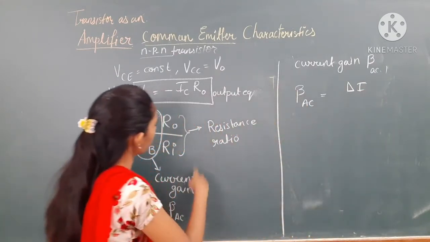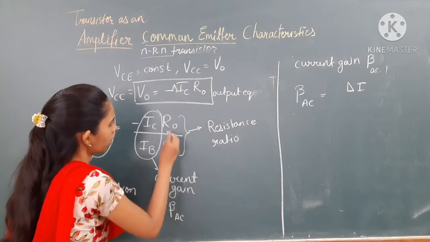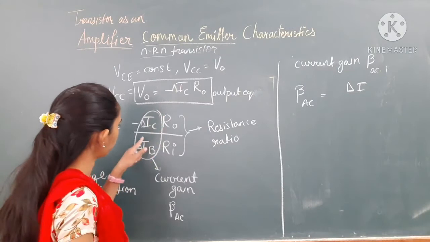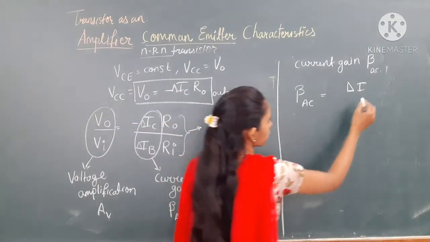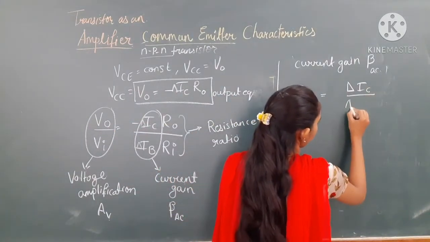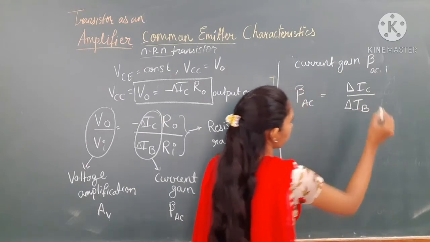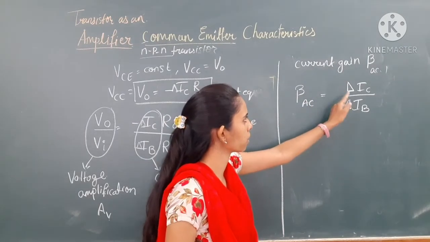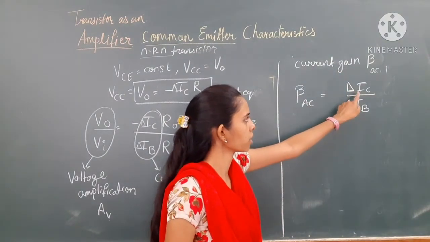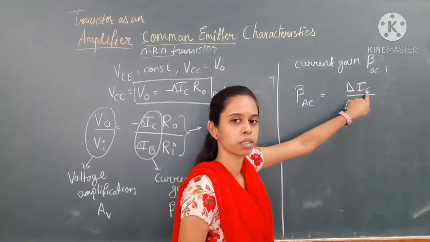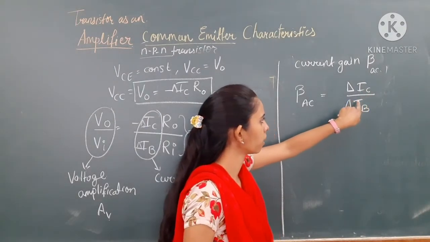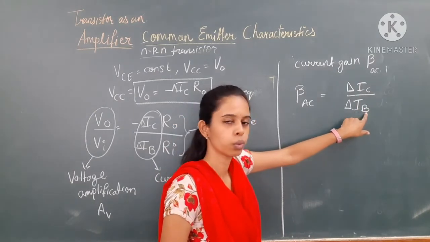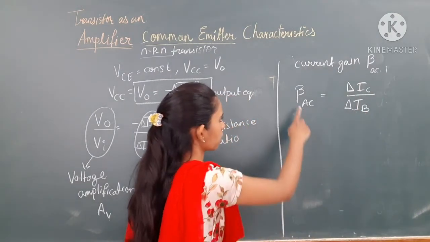I forgot to write delta because there is a change in current, so every time we have to write delta over here. So it is delta IC divided by delta IB. Or we can define it as the current gain is the ratio of the current through the collector to the current through the base. So this is the current gain.